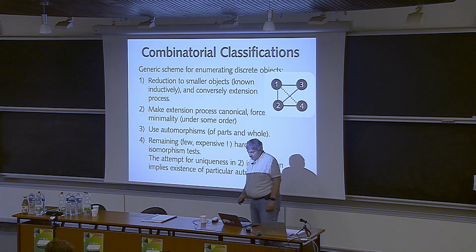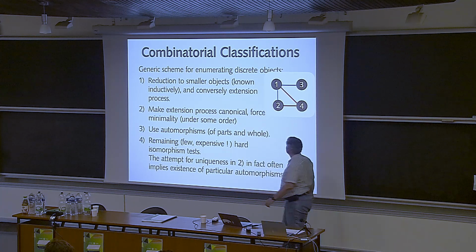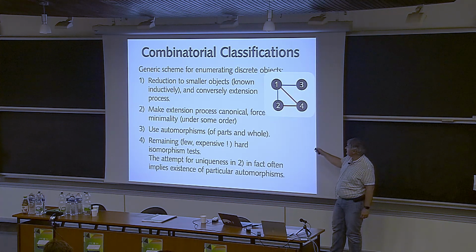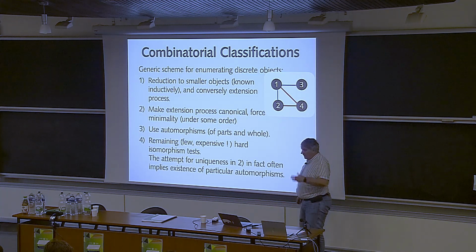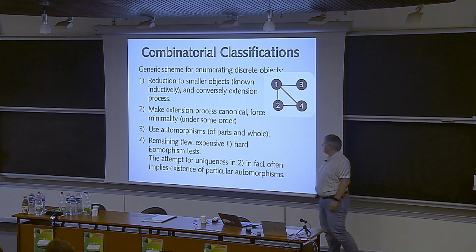I also could have the situation. Here's another way how I could have constructed an isomorphic graph. I might have started with a different subgraph. The blue one now just has these 2 edges, and I add a new vertex and add 2 edges here. That gives me an isomorphic graph. Well, again, lexicography or some kind of ordering will take care of it.